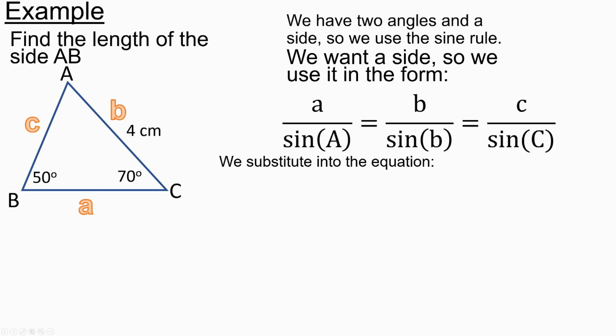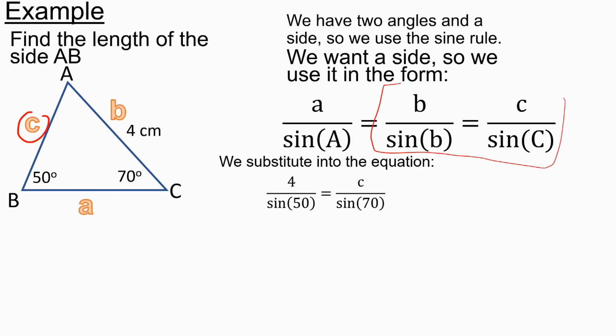So let's substitute in what we know. We want to find AB, which is c, right? A to B is c. We want to find c. So I'm going to write down 4 over sine 50, because I'm using b and c. So little b is 4, big B is 50, so I have 4 over sine 50 equals little c over sine 70.